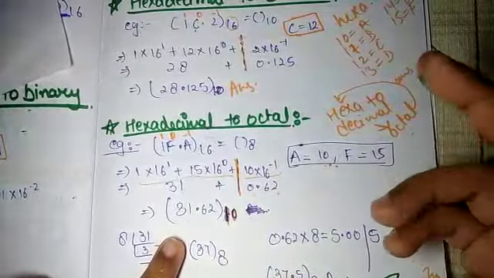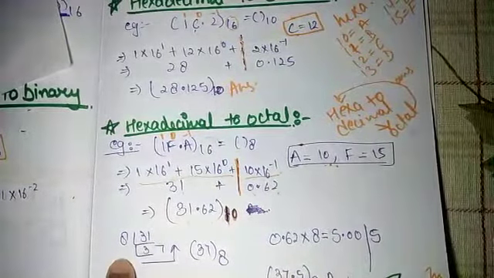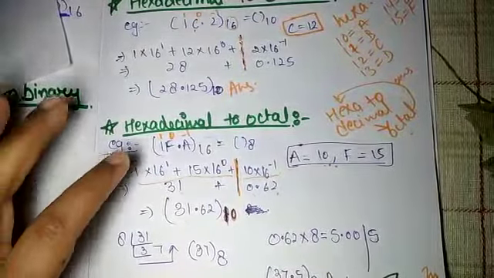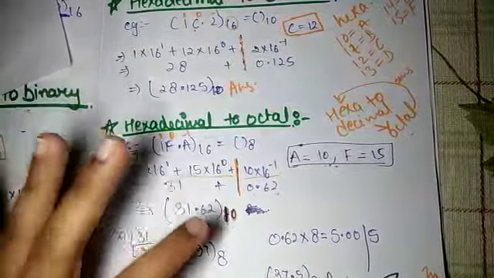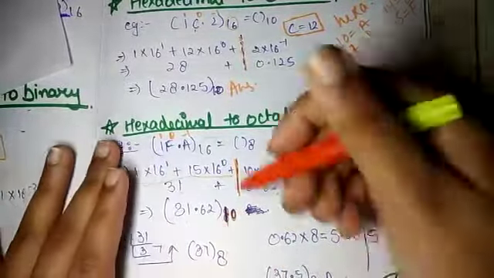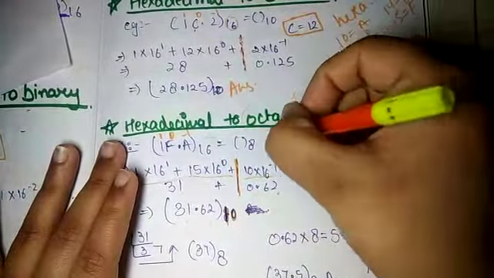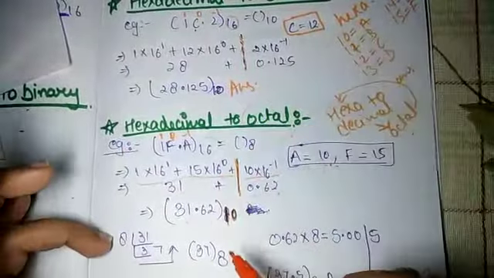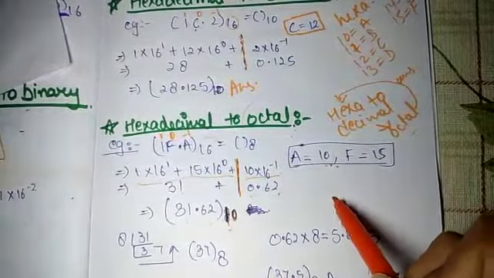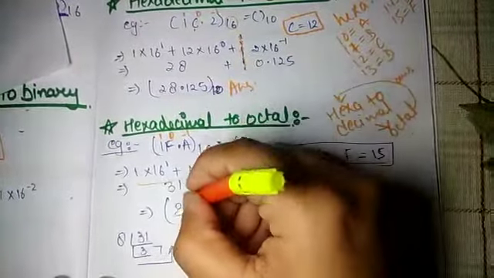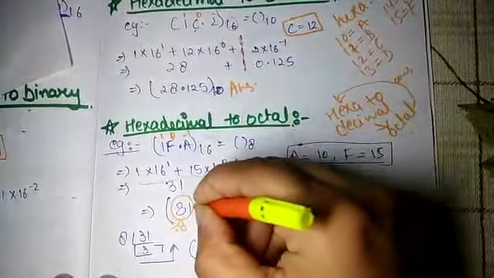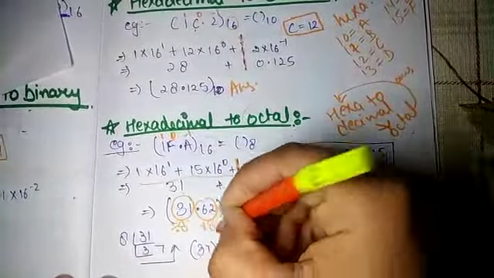We have base 10 over here. Now we have converted the value given in hexadecimal to decimal format, but our aim was to convert it to octal format. So for the decimal to octal conversion, we have to divide this part by octal, that is 8, and multiply this part by 8.